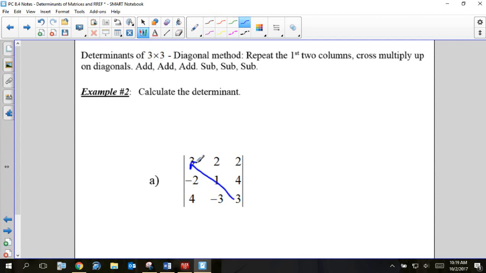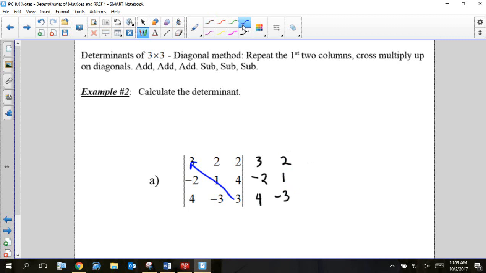You see I missed a bunch of numbers? Okay. So what we're going to do is we're going to take the first 2 columns and we're going to repeat them at the end of this determinant. So I just took the first 2 columns and repeated them.